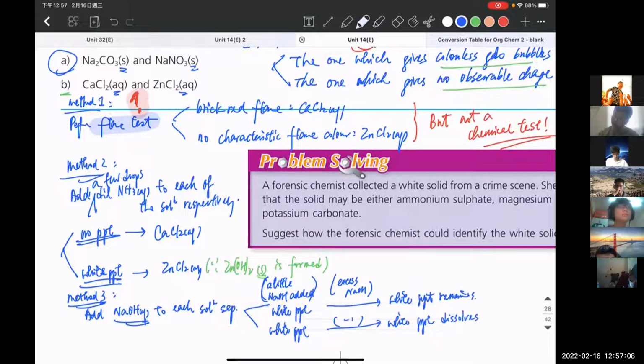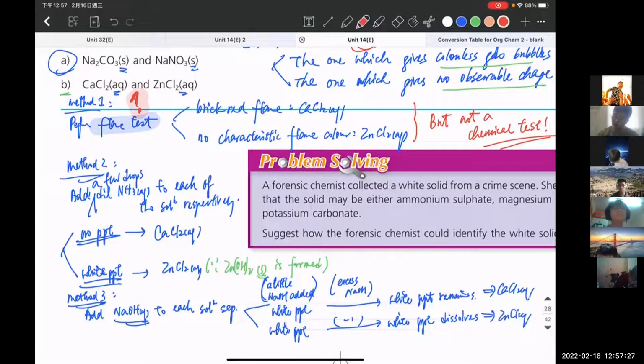For the first case, it is calcium hydroxide. For the original chemical, it is what? Calcium chloride. The other case is zinc chloride.